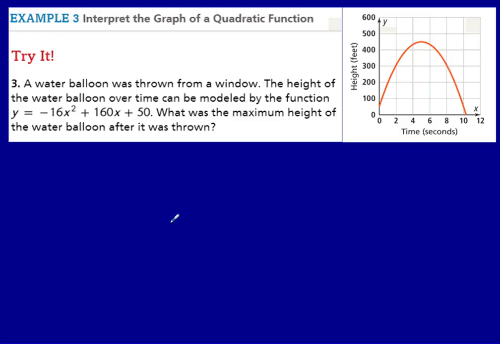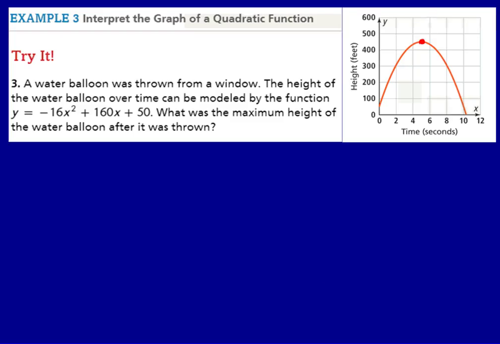Let's look at example 3. A water balloon was thrown. This is going to be talking about interpreting, by the way. A water balloon was thrown from a window, and the height of the water balloon over time is modeled by this function, negative 16x squared plus 160x plus 50. What is the maximum height of the water balloon that was thrown? That's asking for this point, way up here.